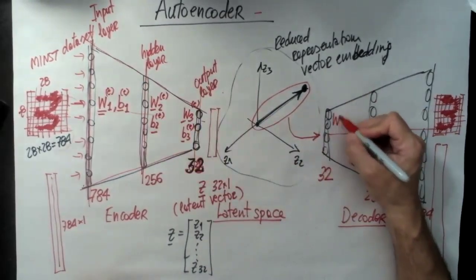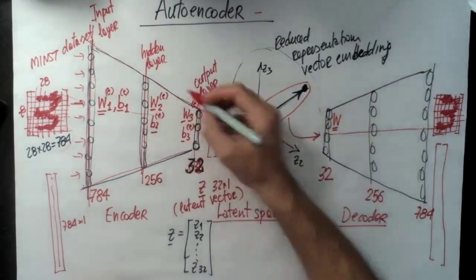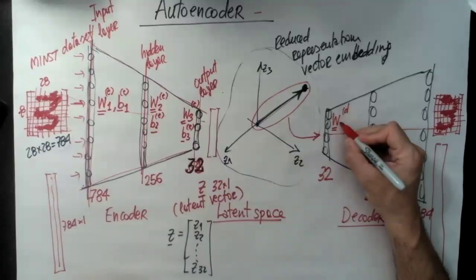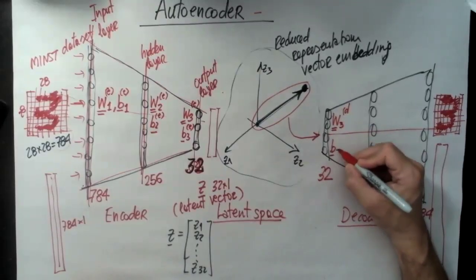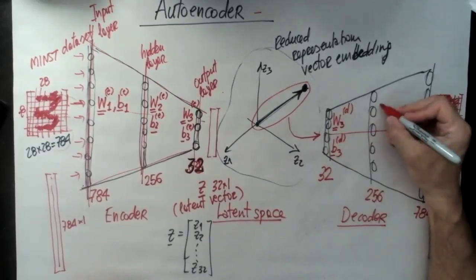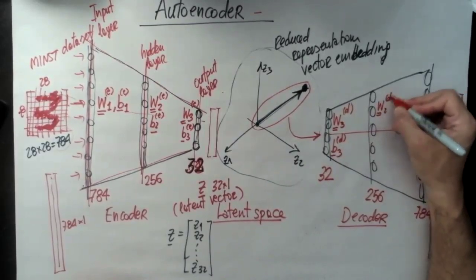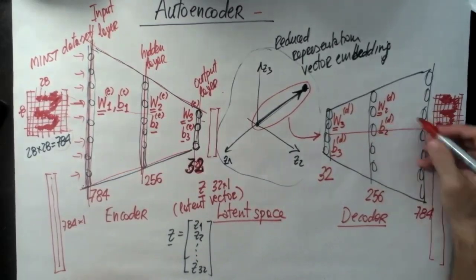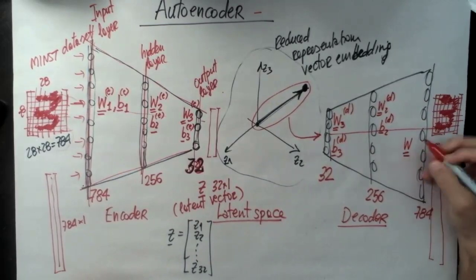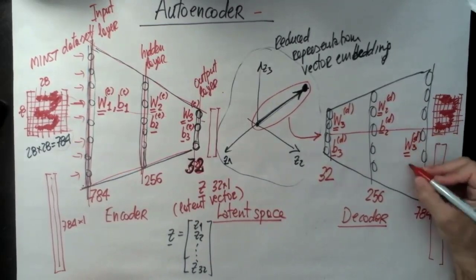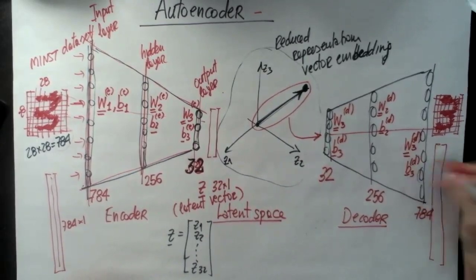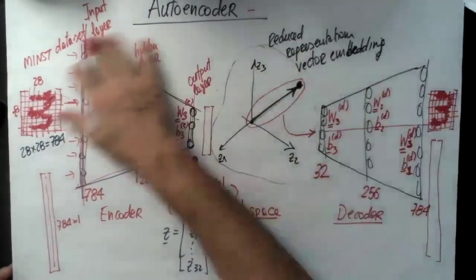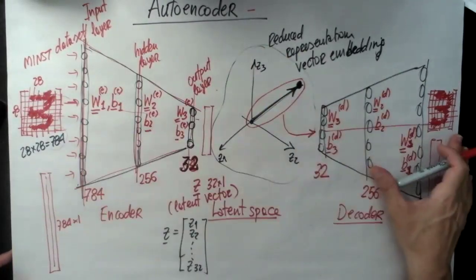And on this other side, we will have the same matrices for the decoder. W1.